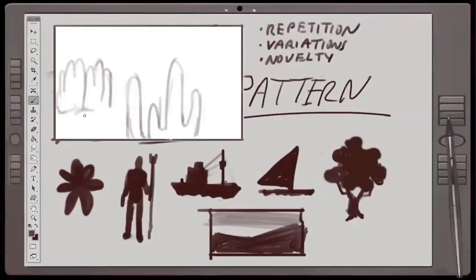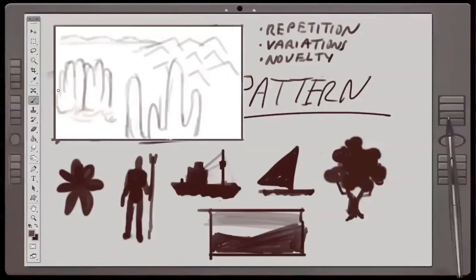And back here, I have yet some more mountains. And then I have a horizon over here. And in the distance, there are more mountains. What I have here is 3 patterns. 1, 2, 3.